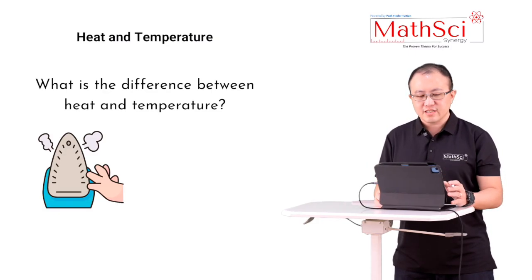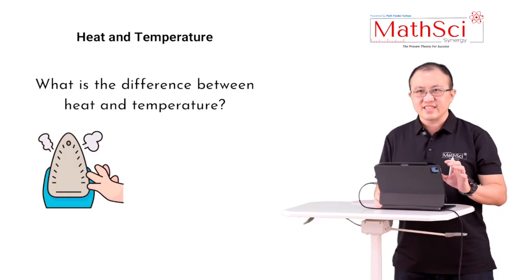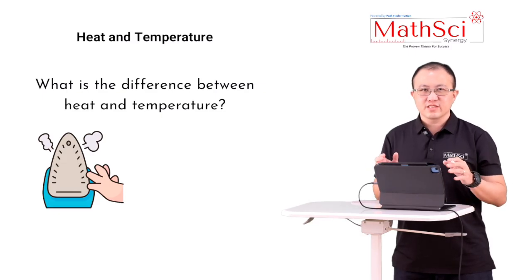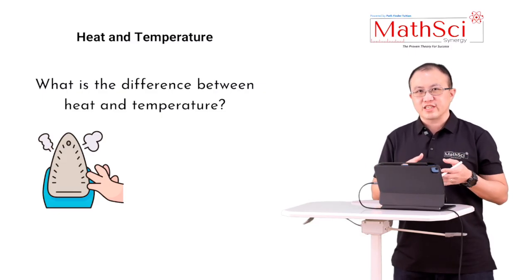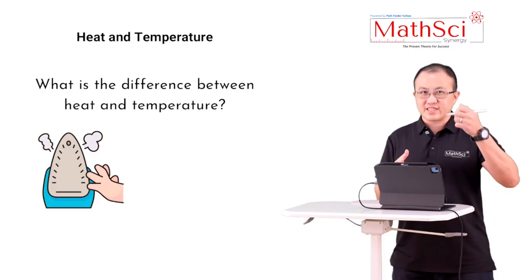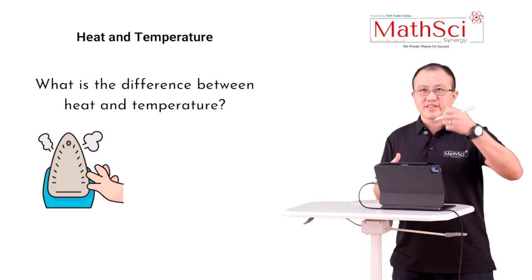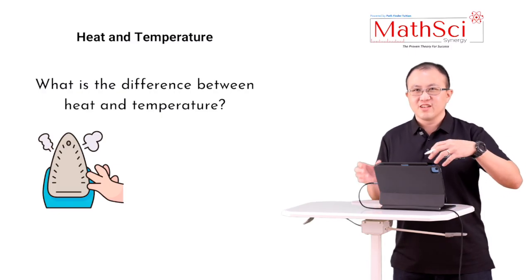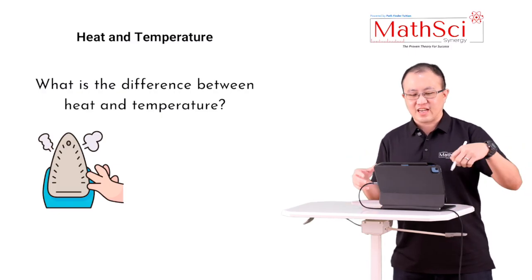Okay, so look at the screen now, you can see that there's actually an iron. This iron is commonly what we use to straighten our clothes, although this is pretty traditional because in today's context, actually we use the steam one, where we just run up and down on the clothes itself, and then there's no need to find an iron board, and then after that you start ironing it.